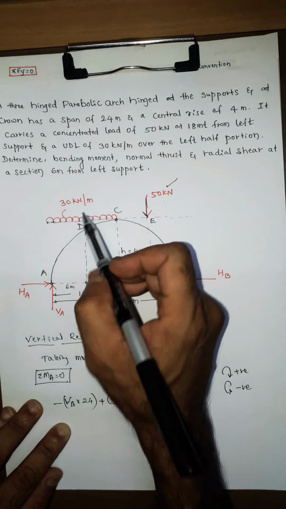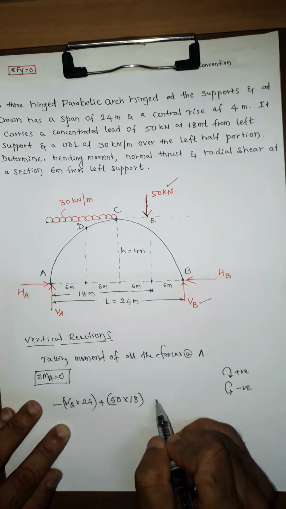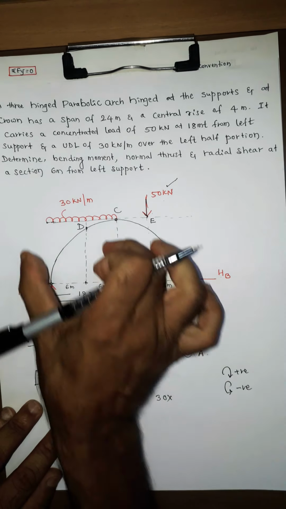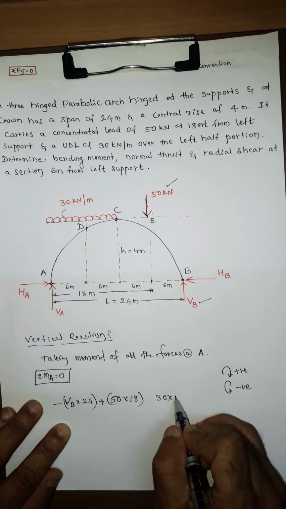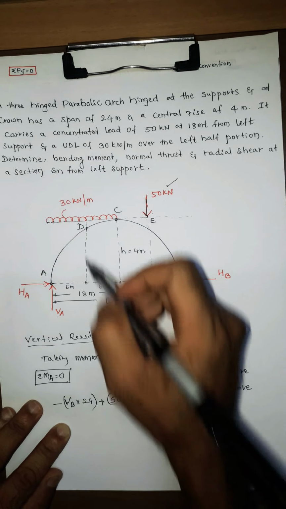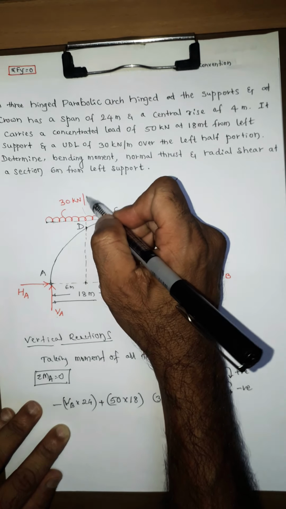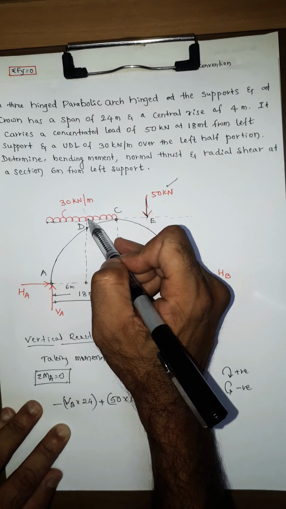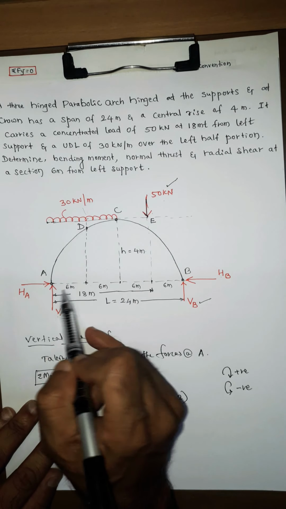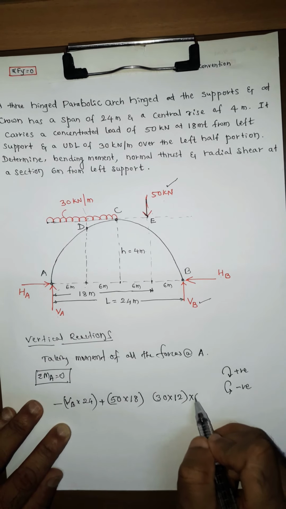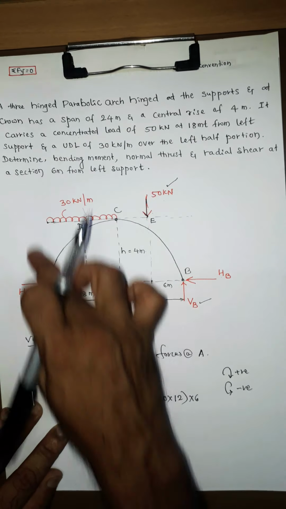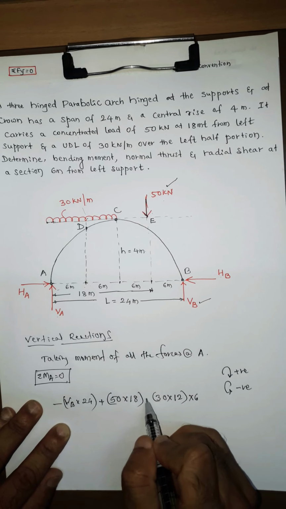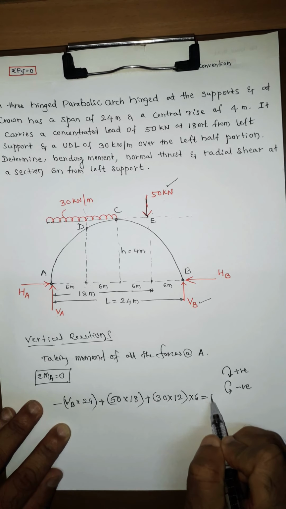First convert this UDL into point load, that is 30 into 12. The moment of this point load with reference to A will be into distance 6. This point load will be in clockwise direction with reference to A. This is also plus.